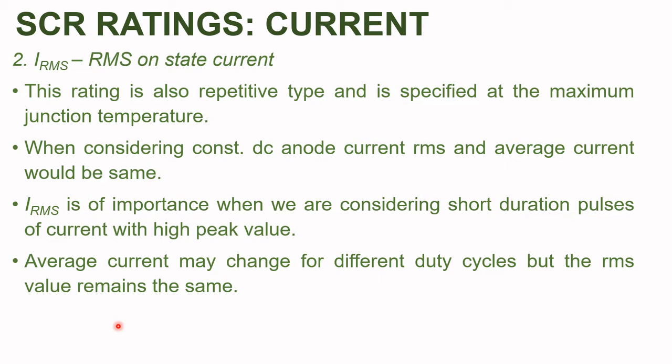The value of RMS current rating remains the same for different duty cycles of conduction for the pulsed current, whereas the allowable average value keeps on changing for the different duty cycles of the pulsating current.